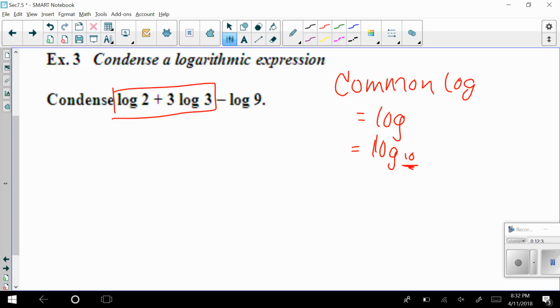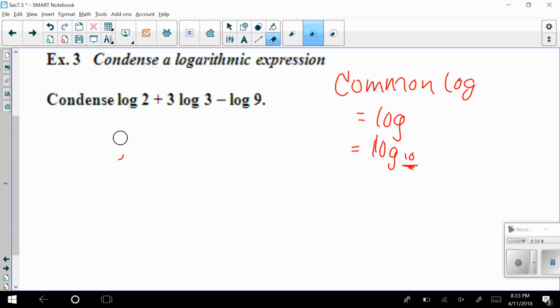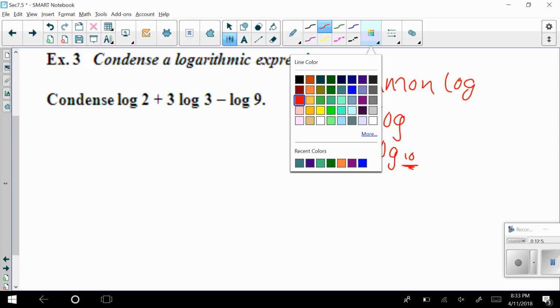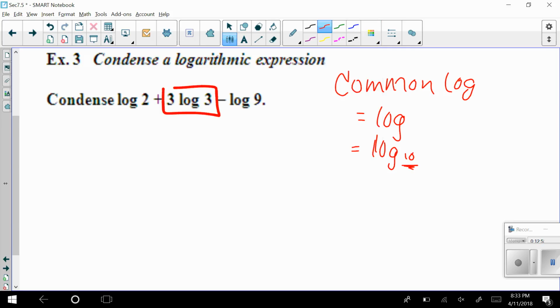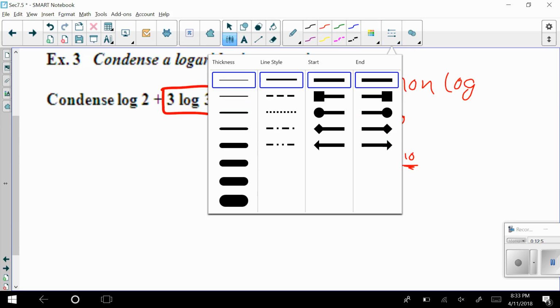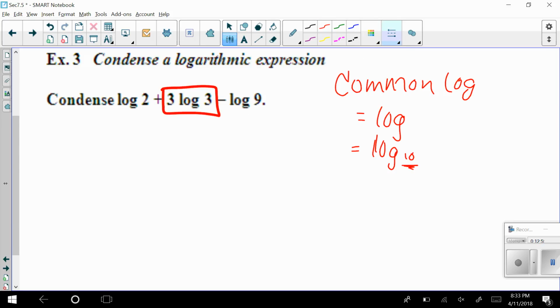So log of 2 plus 3 times log of 3 is the same as log of 2. Well, actually, you know what? We should do anything that's being raised to a power. Really, we should do that first. So we're going to actually focus on this first. So we're going to look at the power property.